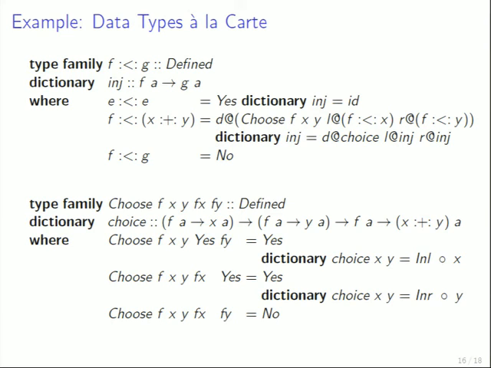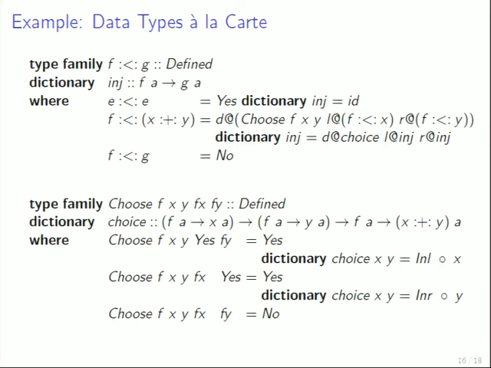Here's another example where we try to implement data types à la carte using this method. The idea is that we want to implement this one here, so that f is smaller than g. To do so, we want to give an injection function from the smaller f to the bigger g.